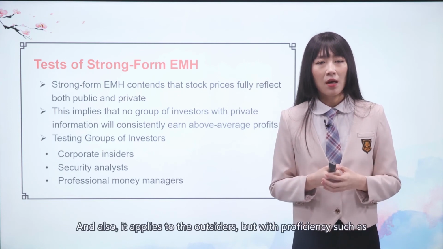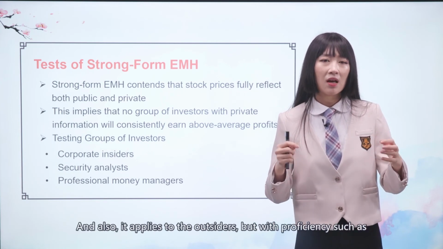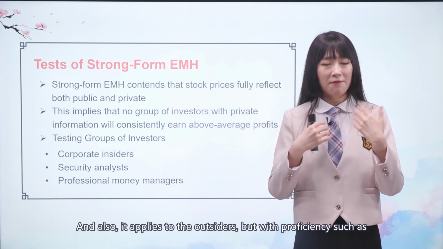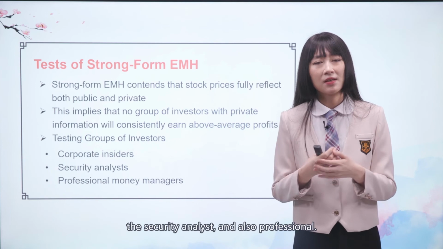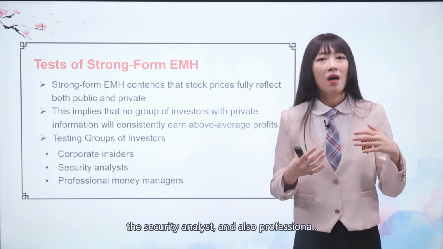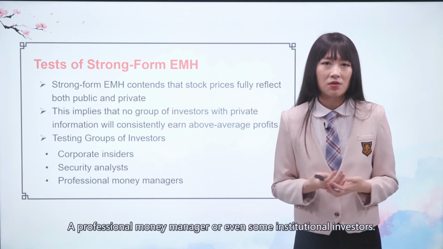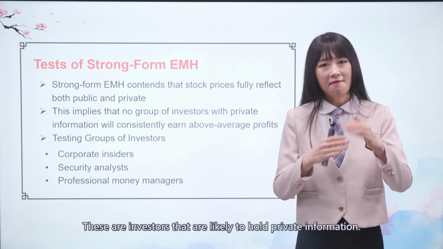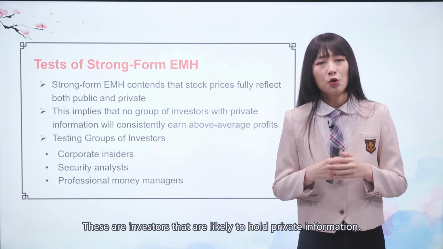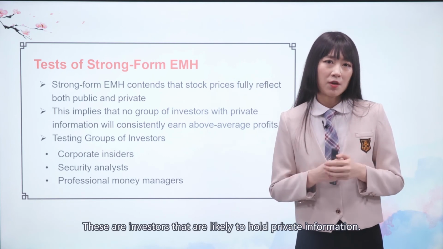And it also applies to outsiders but with proficiencies, such as the security analyst and also professional money managers, or even some institutional investors. These are the investors that are likely to hold private information.